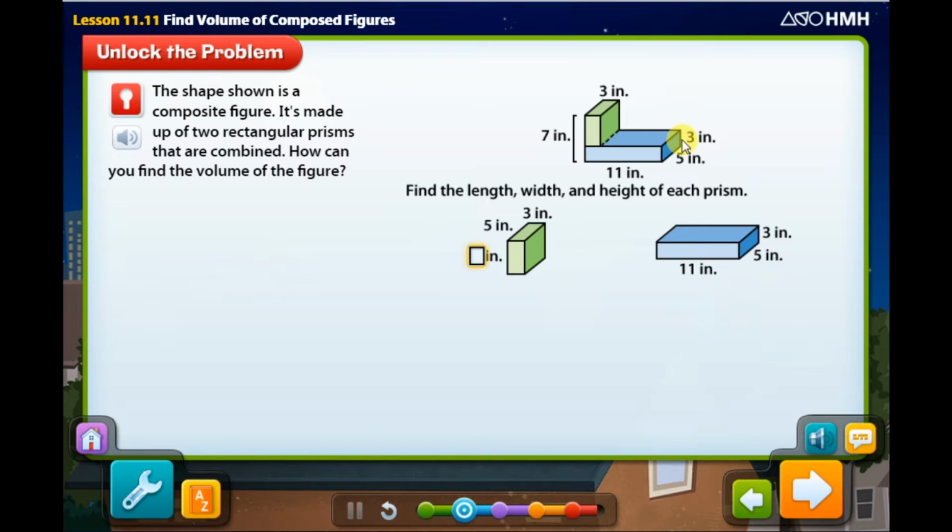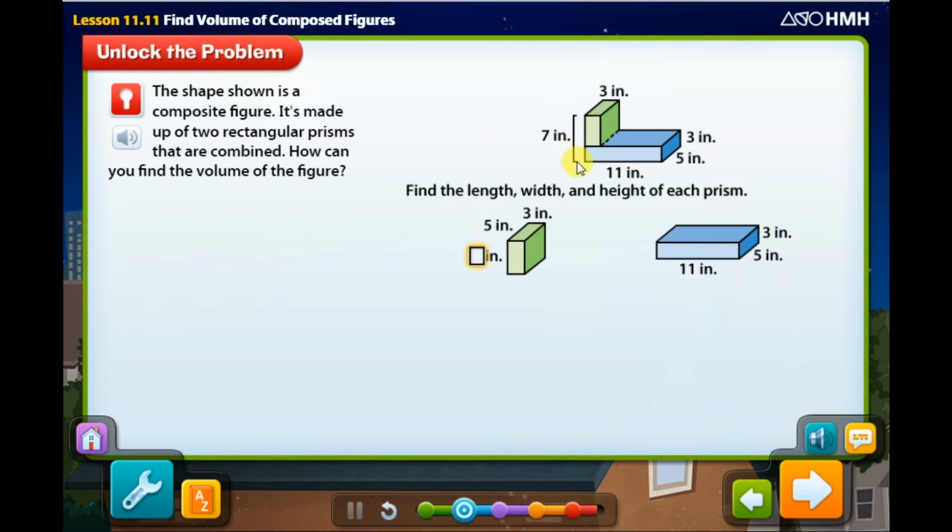So again, we need to know the length, the width, the height of every shape. So the first rectangular prism, its length is given, width is given, and height is given. However, the second shape, its length is 5, its width is 3, but the height you don't know.